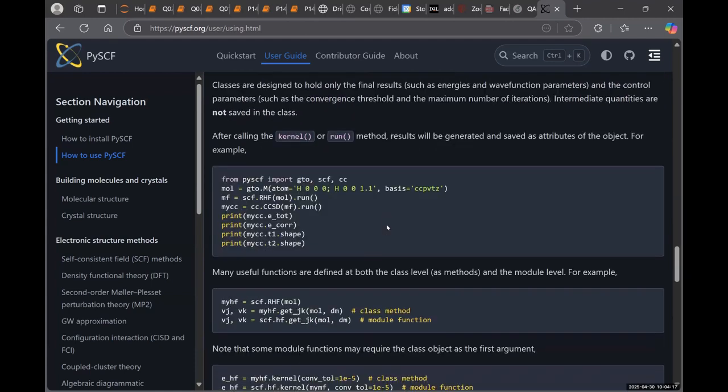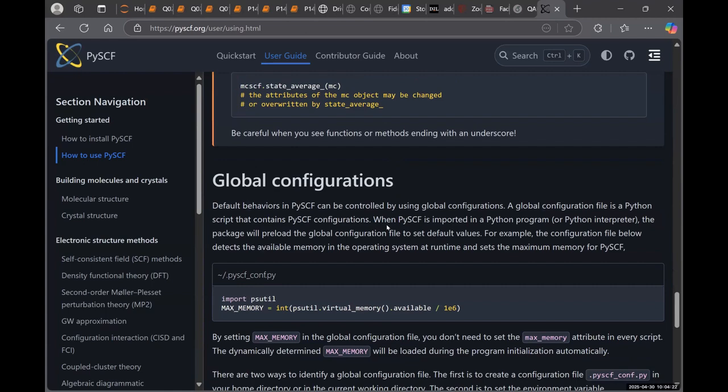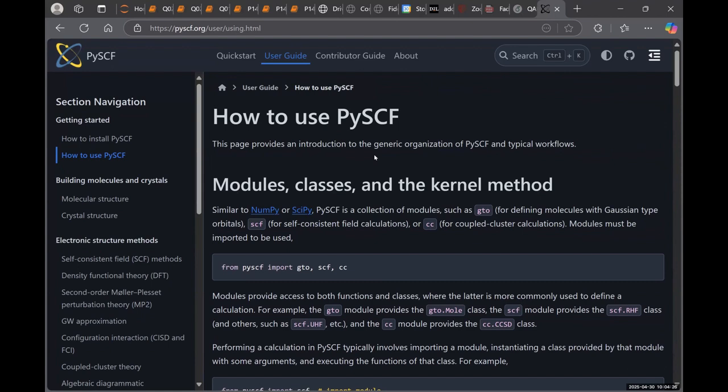I think this is a nice introduction with a lot of background and basic information about PySCF. If you are doing chemistry calculations or condensed matter, then you would probably use this package. But again, for other band structure calculations, you would use other packages.